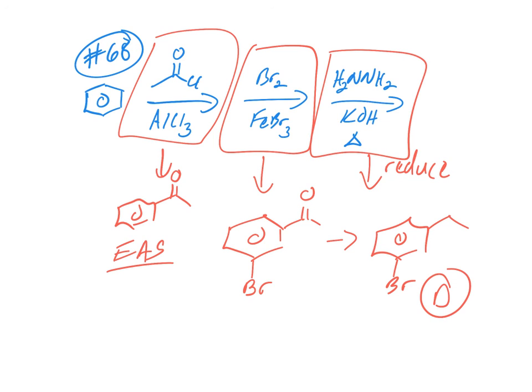Now you're stuck with B, C, and D. B, I don't know how the bromine got outside the ring. If you knew the bromine and this carbonyl on the ring, hopefully you knew something about meta. So that leaves B and D. Now, B is fine, but then there's no reason to have that third reagent.